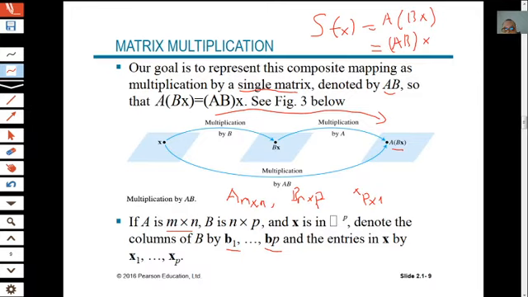Namely, the matrix B has the columns B1, B2, up to Bp. And x has the components x1, x2, up to xp.